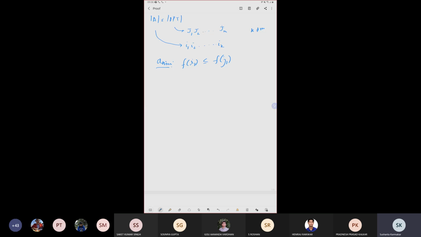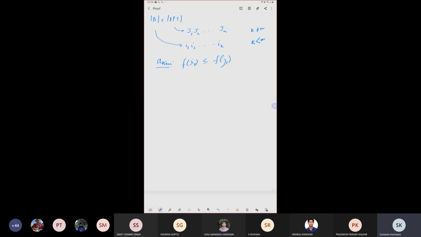In general means we assume that K is less than M. Why do we assume K is less than M? Because we feel that our algorithm is suboptimal and optimal is the best, basically.